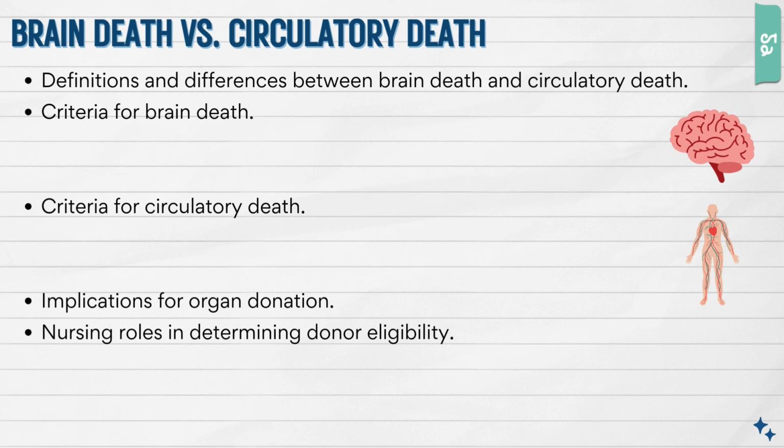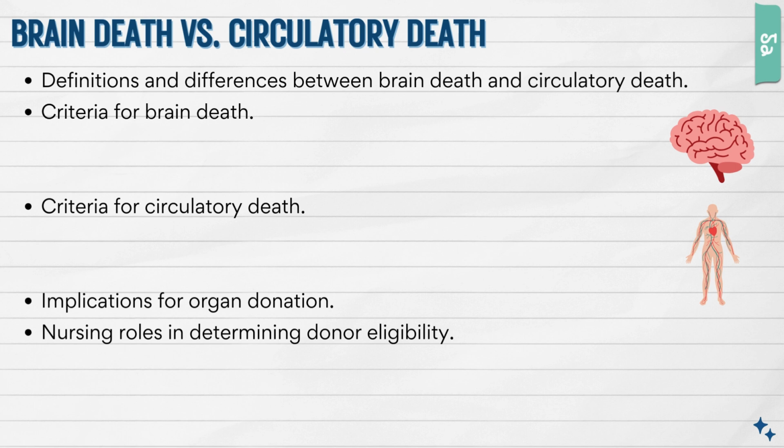This difference is important because patients who are brain dead can still have functioning organs, making them ideal candidates for donation, whereas circulatory death may impact the viability of organs due to the lack of perfusion. As critical care nurses, we play a vital role in recognizing the signs and symptoms of brain death and initiating the protocols for confirming it.